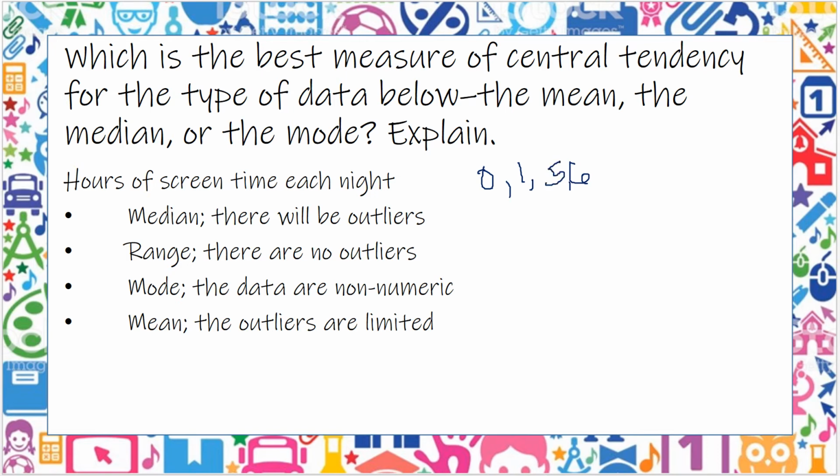Some may have 5. Okay, on this one, the outliers are limited because it's a small number. So I would look at the mean. Really look at the reasoning over here. Those outliers are numbers that just don't fit in with the rest of the data.